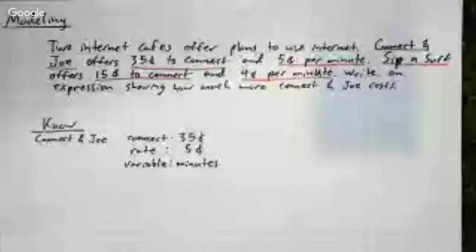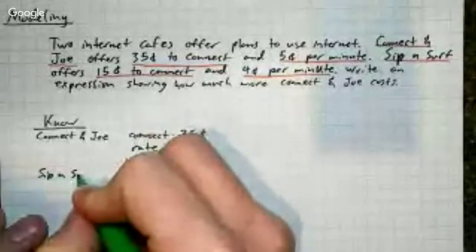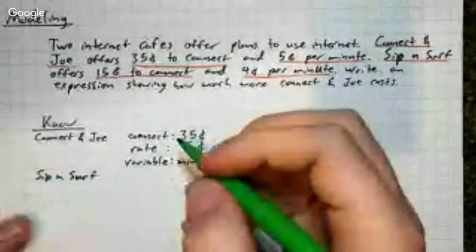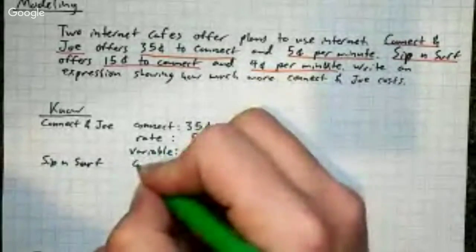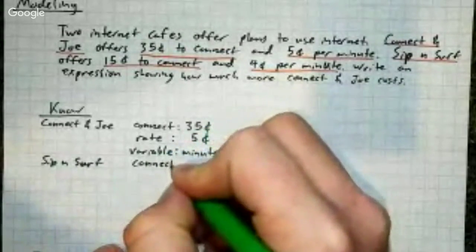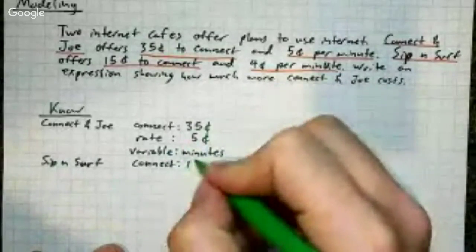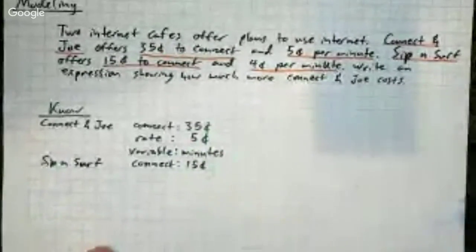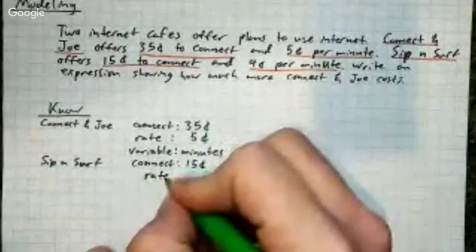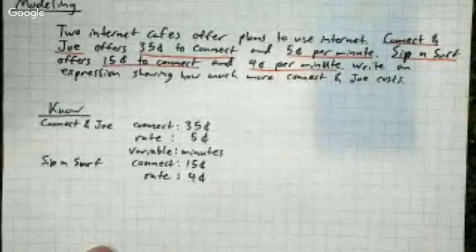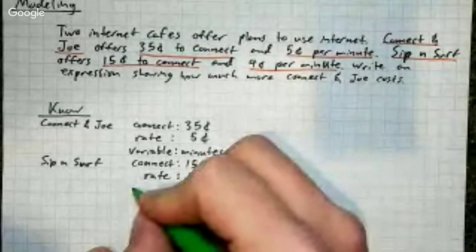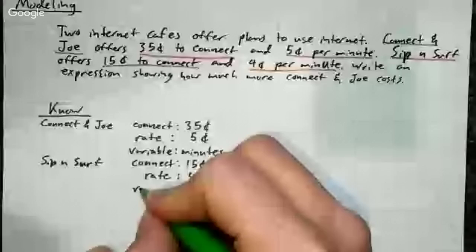Okay, we also know that there's a place called Sip and Surf. And we know in the Sip and Surf place, it costs something else to connect: 15 cents. We know the rate, which is 4 cents. And we know the variable is also minutes.